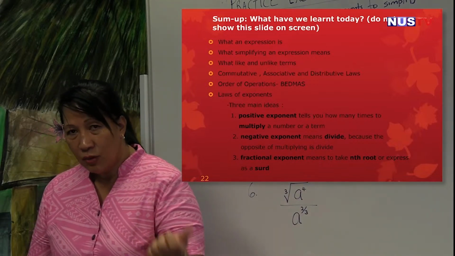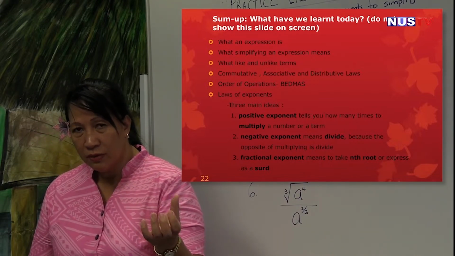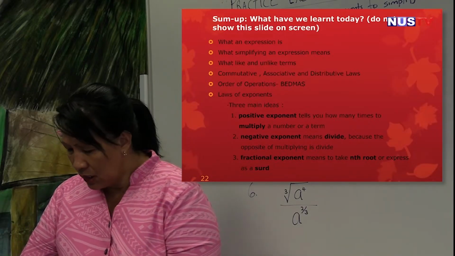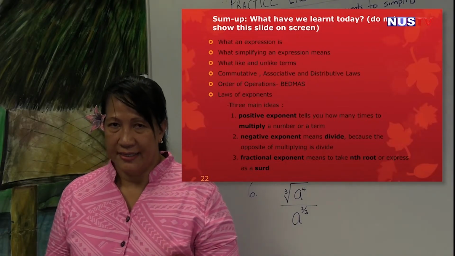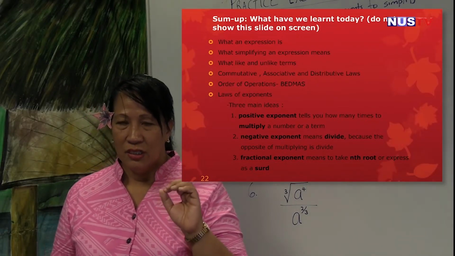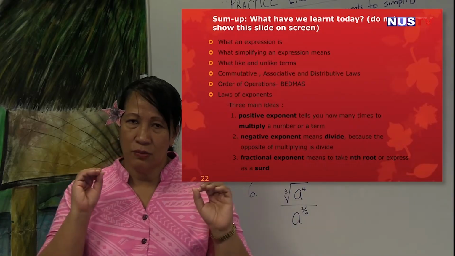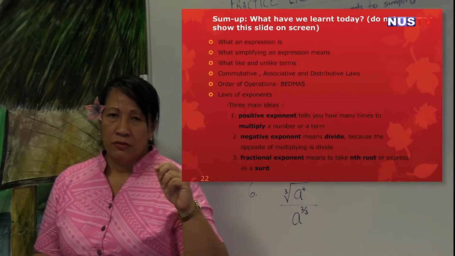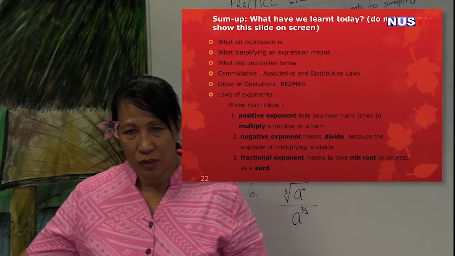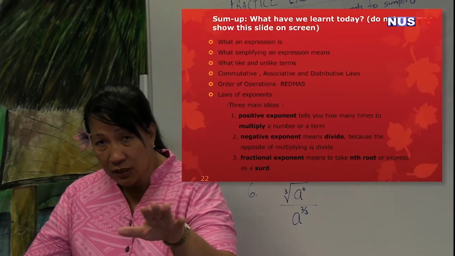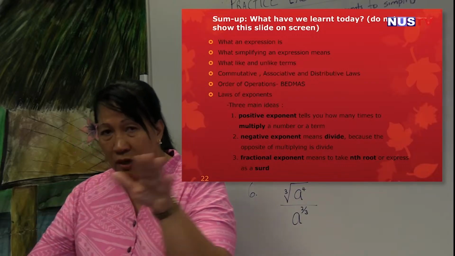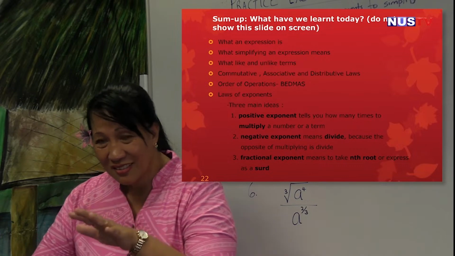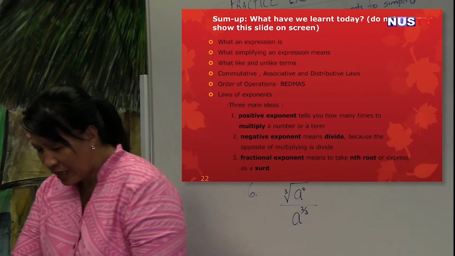The second idea I want you to take away from today's lesson is this: negative exponent means divide. Okay? Associate negative exponent with division, because division is the opposite of multiplication. So positive exponent, multiplication. Negative exponent, division. Okay? You get the connection?